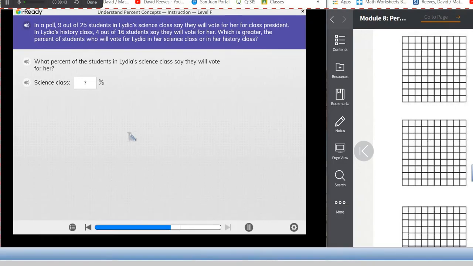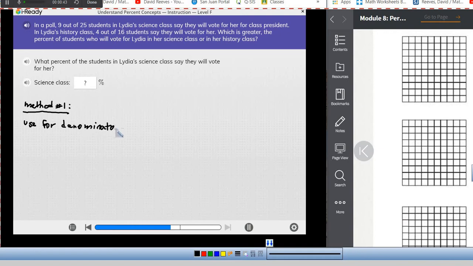Okay, so let's take a look now at our first method. I'm going to call this method number 1. What an original name, huh? Method number 1. We use method number 1 when we have denominators that are factors of 100.